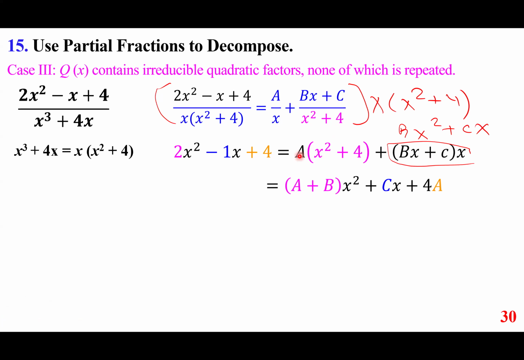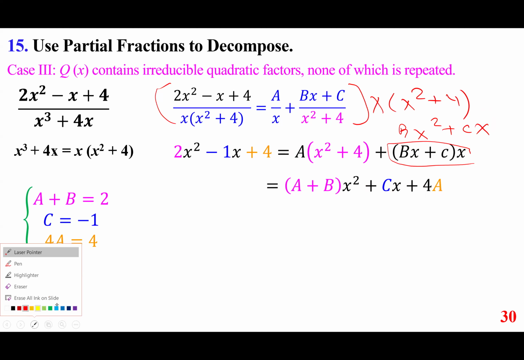So ax squared and bx squared is a plus b times x squared. And this is cx, and we have 4a, and it's equal to the left side. So that means a plus b must be 2. C must be -1. 4a must be 4. Again, class, I want to make sure.